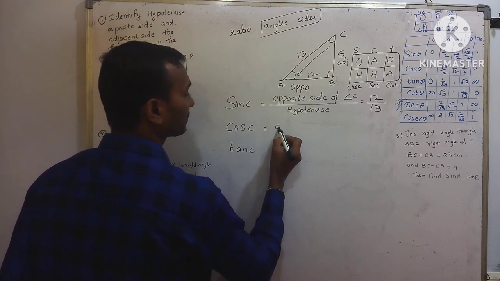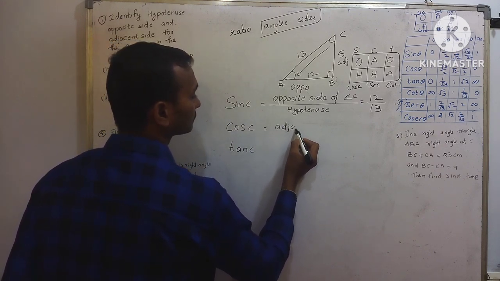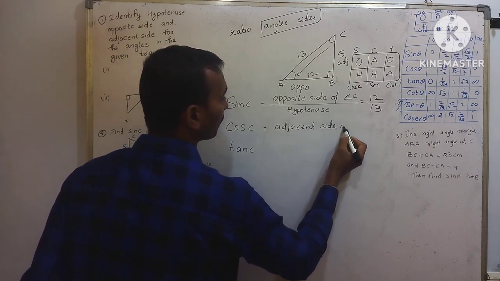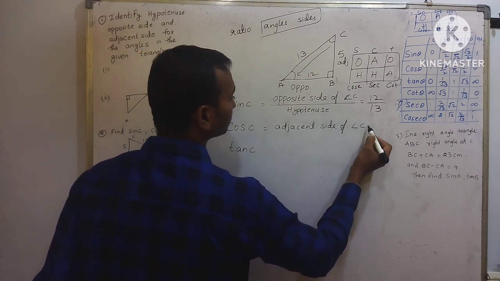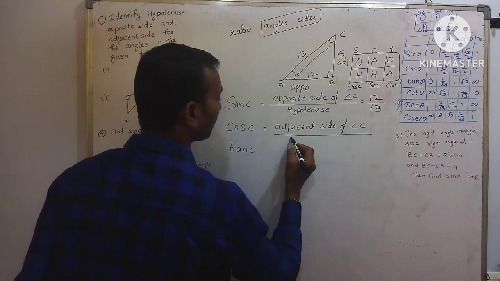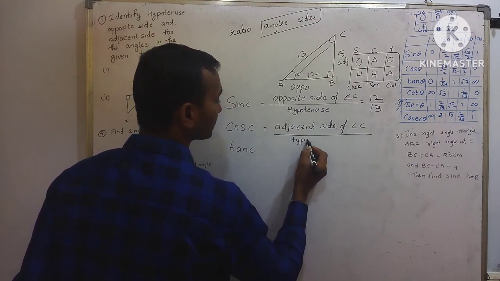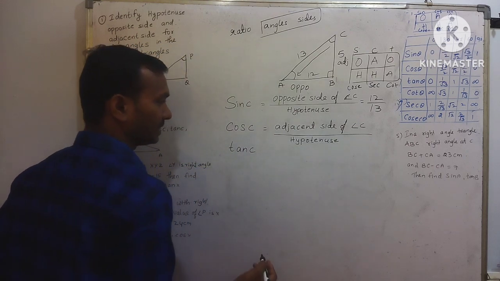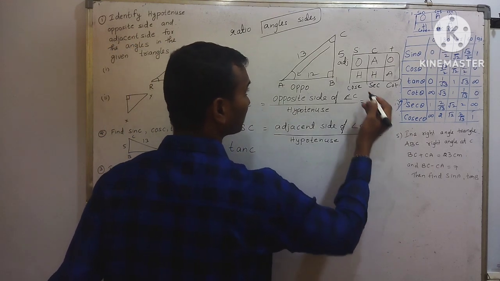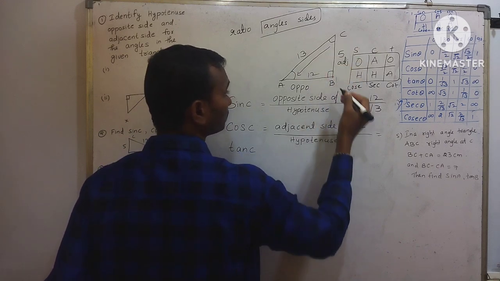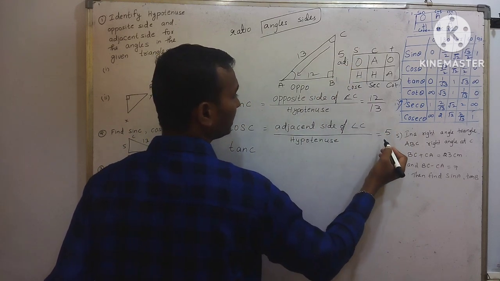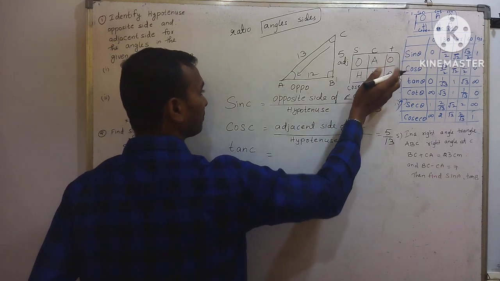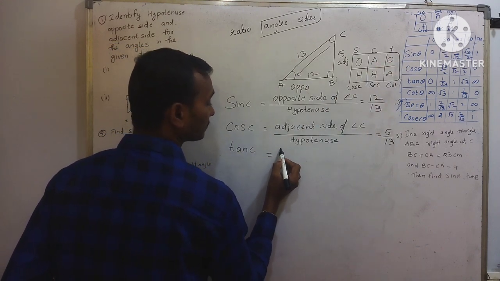Cos C is adjacent side of angle C by hypotenuse. What is the adjacent side for C here? 5. Hypotenuse will be 13. 5 by 13. Tan means opposite by adjacent.